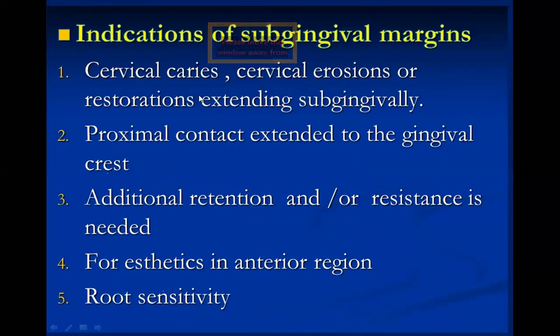First of all, if we have a problem in the cementum or the enamel margins of the tooth, there is erosion, or a problem of sensitivity or caries, it will make sure for us to extend our margin away from the caries or the erosion area, and this will emphasize putting the finishing line subgingivally.